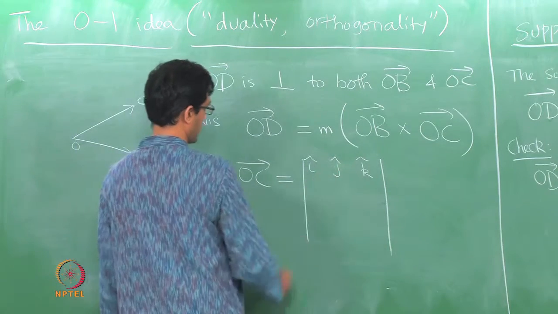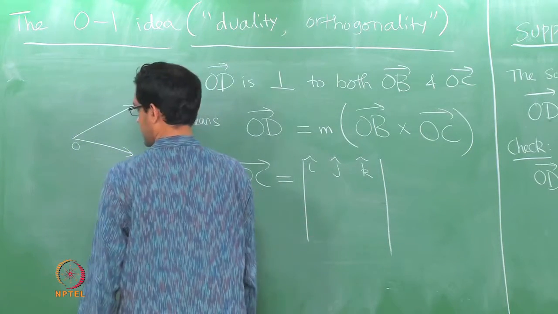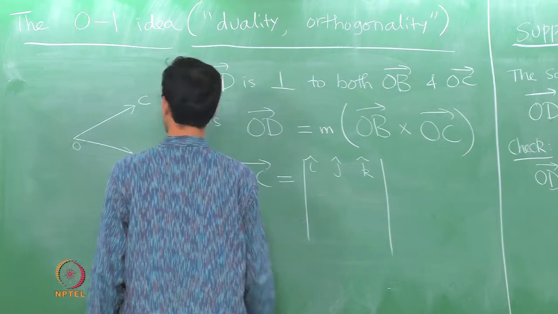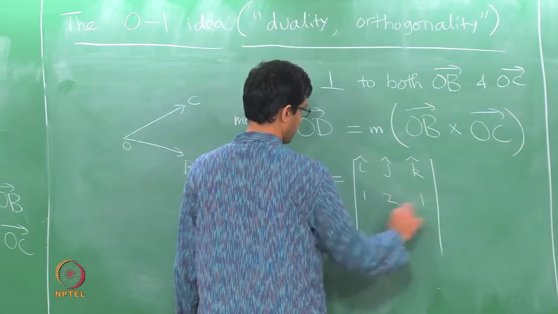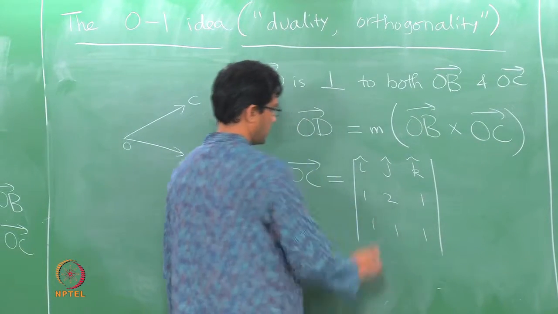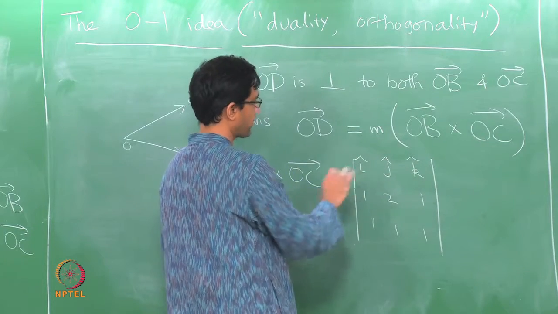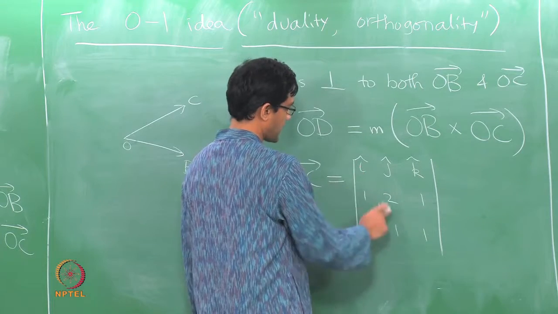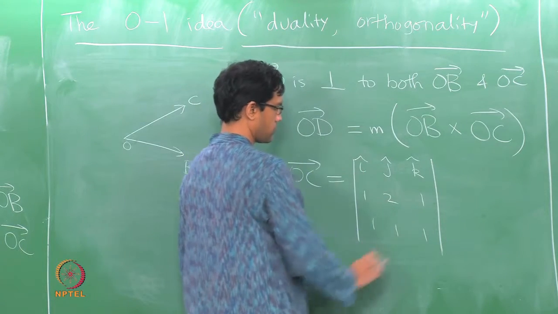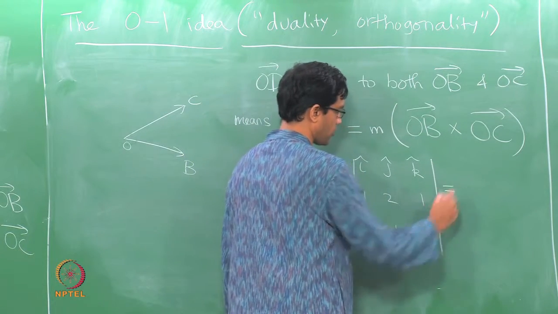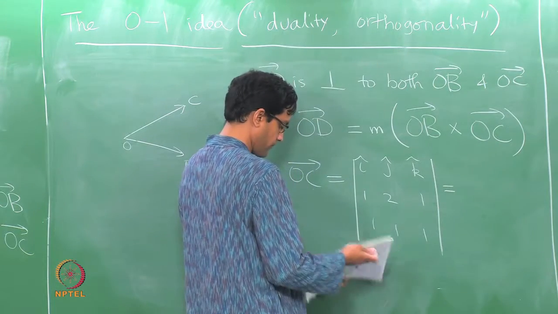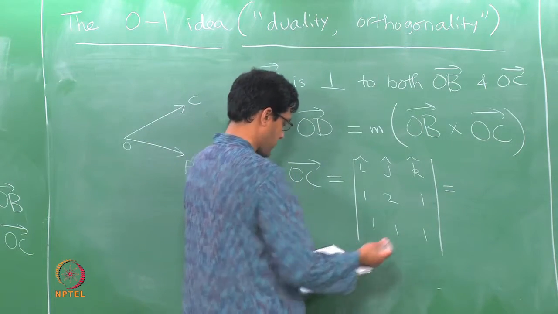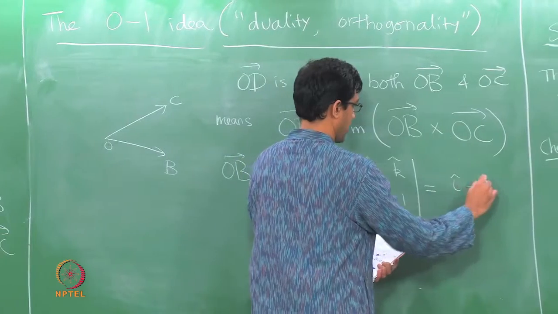You write a determinant with i, j, k, and then the vectors, 1 2 1 and 1 1 1. This is a formal way of remembering what the cross product looks like. You say it is i times 2 minus 1 and so on. I am not getting into the rule itself, this is not too important for what I am going to do. Let me just write down the answer itself, it is i minus k.